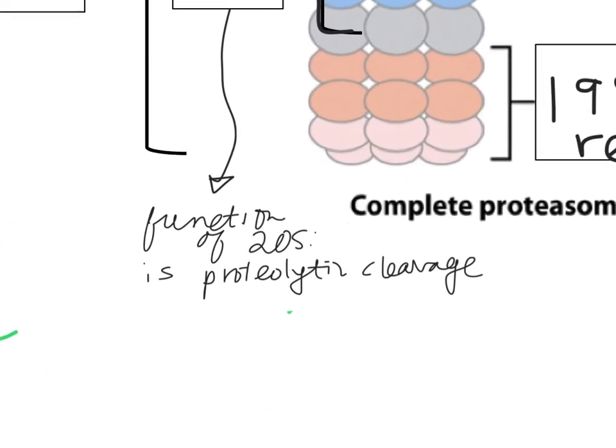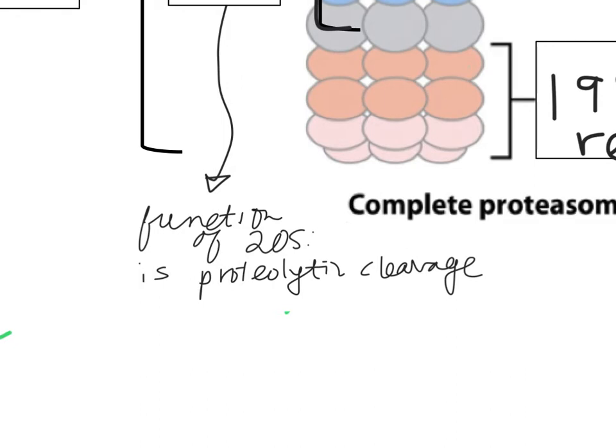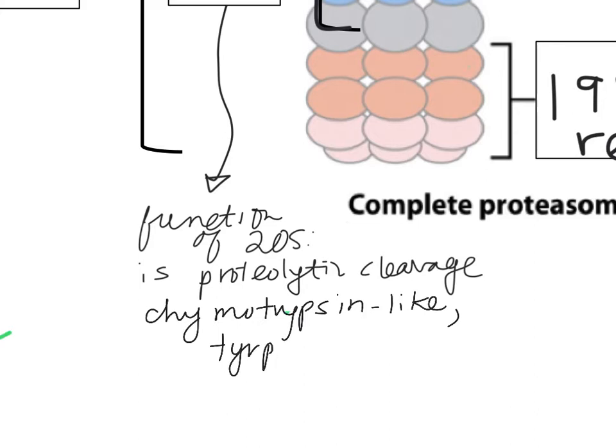Inside of this, which is humongous and like a hollow tube on the inside, it has active sites that are chymotrypsin-like, because it's not chymotrypsin, but it acts like a chymotrypsin. Trypsin-like.